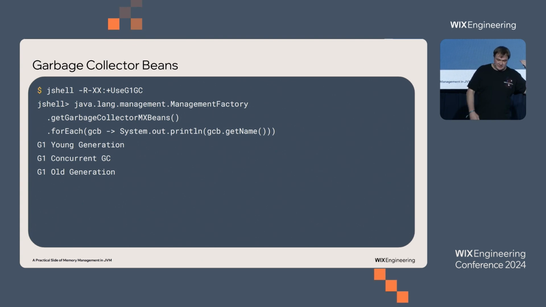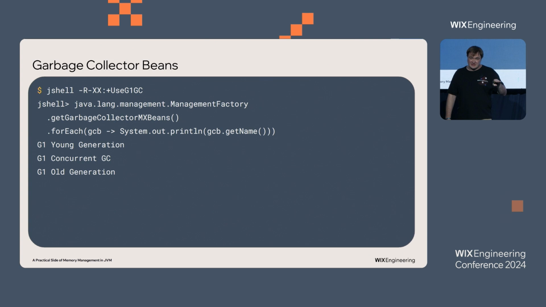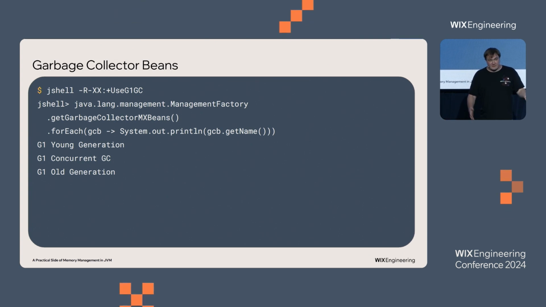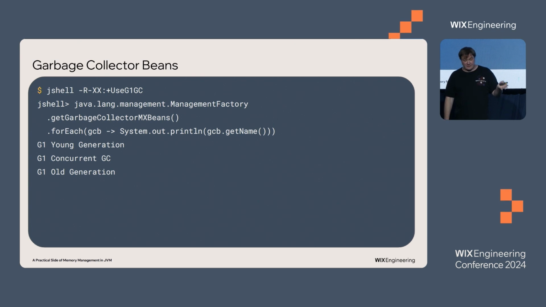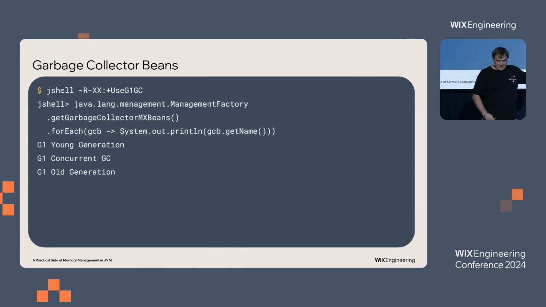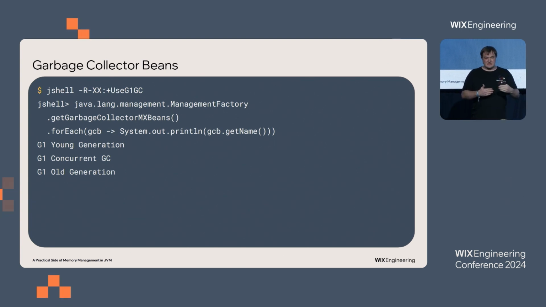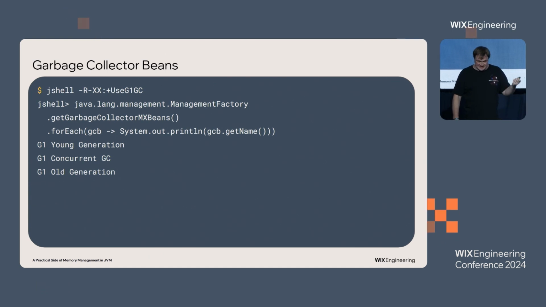For example, the G1 young generation collector never touches the old generation at all. For Parallel GC, ZGC, and Shenandoah GC, there are 2 collectors, and for generational ZGC, there are 4 collectors. Nevertheless, this way, we can distinguish between different garbage collector types, what they do, and report separate metrics.